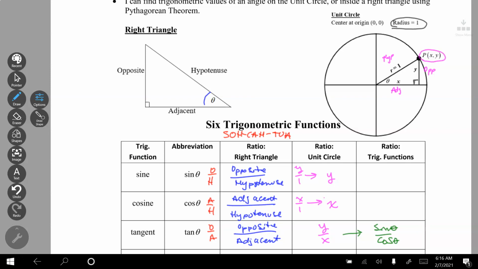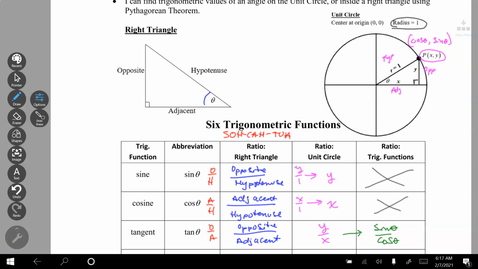Well, I think we just decided that x is the cosine value and y is the sine value. So every point on the circle is going to be cosine comma sine, and I'll make it easy for you. It's alphabetical. X comes before y, and cosine comes before sine.